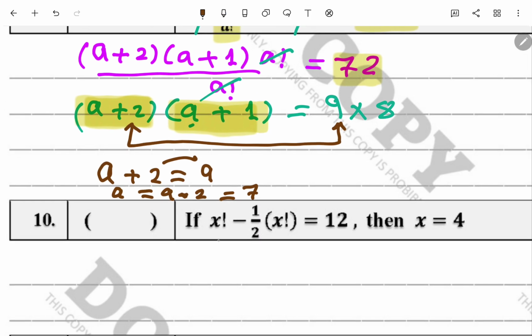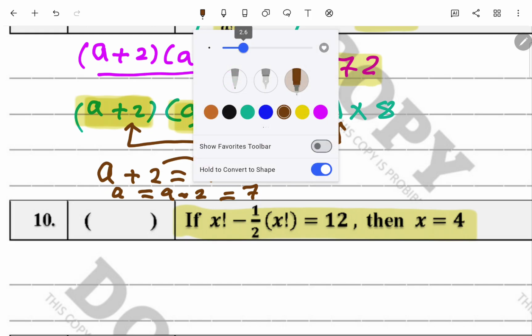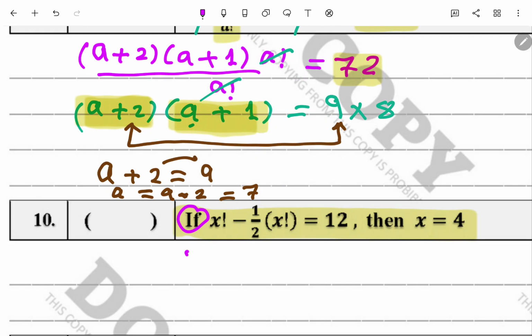In number 10, we have x factorial minus half x factorial will give you 12, then x equals 4. You can think about the given first and focus on it like this. If from here to there, I can see that I have x factorial here and there.